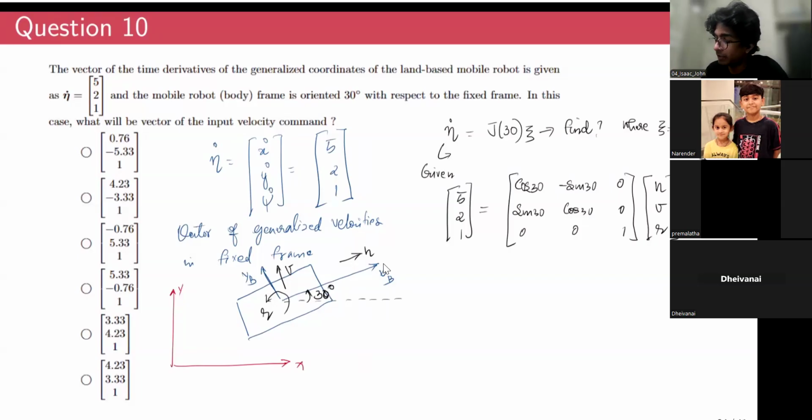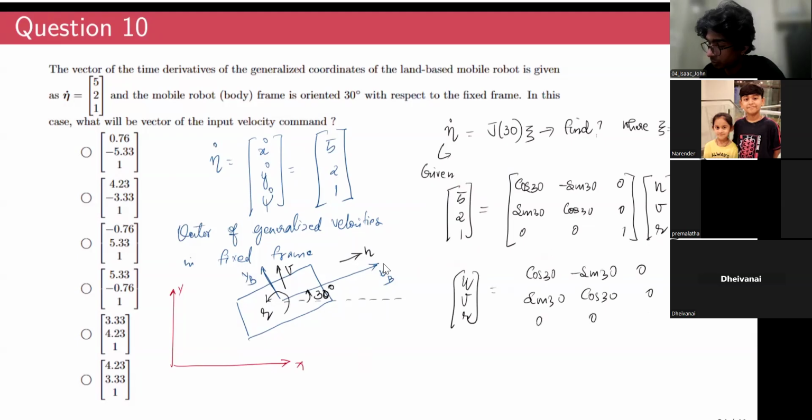You have to take the inverse of this matrix and pre-multiply the left-hand side with that inverse, right? So u, v, r is the inverse of the matrix cos 30, minus sine 30, 0, sine 30, cos 30, 0, 0, 0, 1, multiplied by 5, 2, 1. If you do that, you will get the answer.